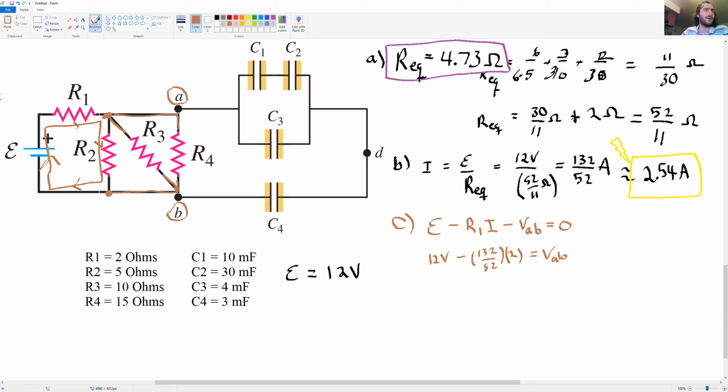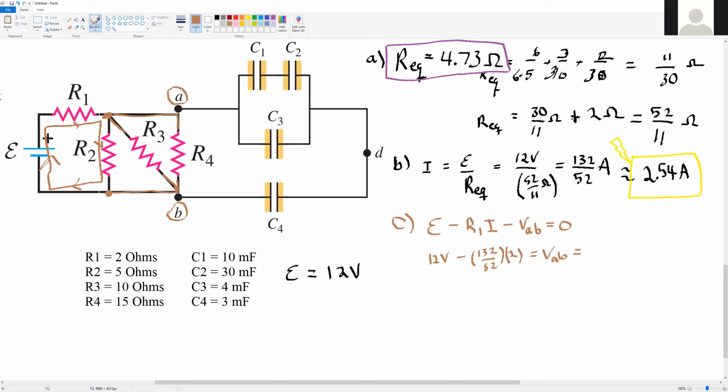So I've got one ready over here. So 12 minus 132 times 2 divided by 52. And I get for the voltage, well, it doesn't give me an exact answer here, but let's go ahead and write down this, or can I make it give me a fraction?